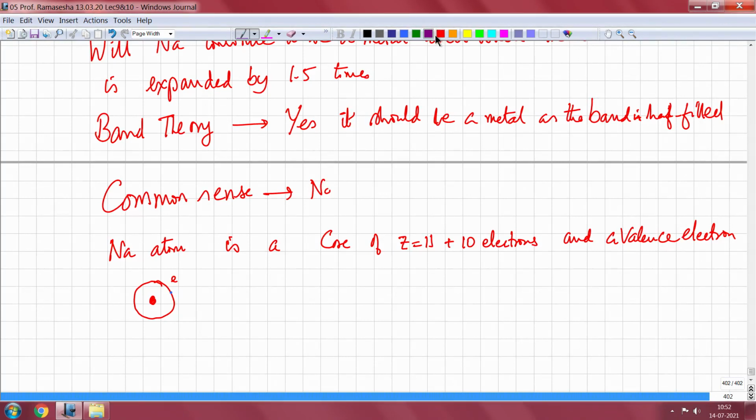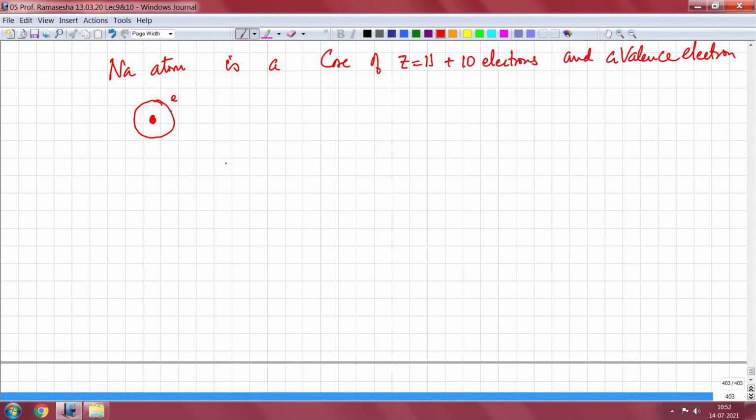Now let me construct a lattice of this one. Supposing all the sodium atoms are neutral in the solid, then if I construct a lattice, it will look like this. Now I have the core there, then I have the valence electron in the outer ring.